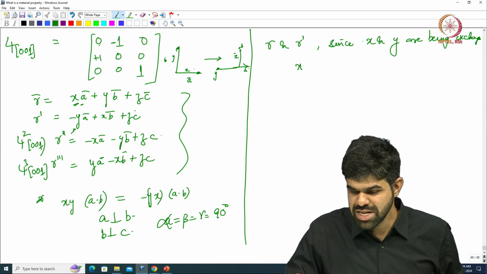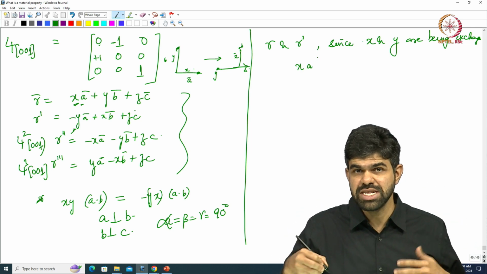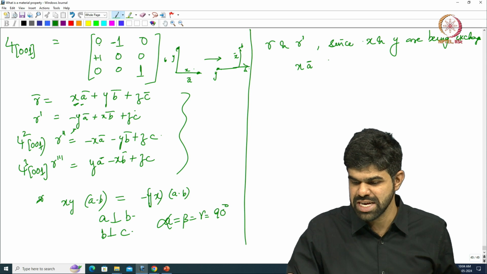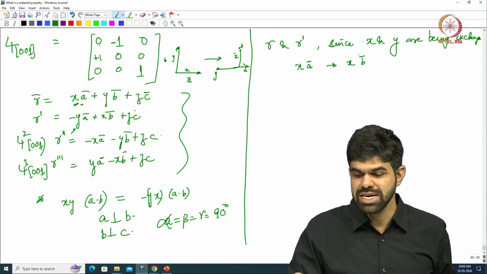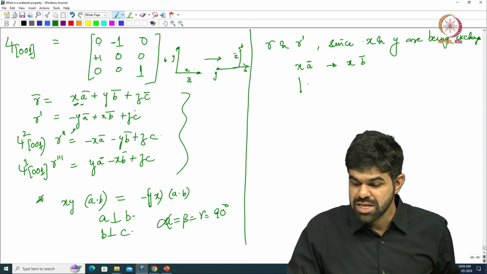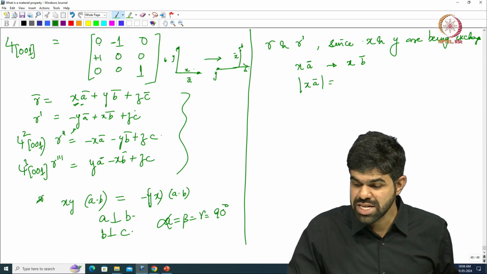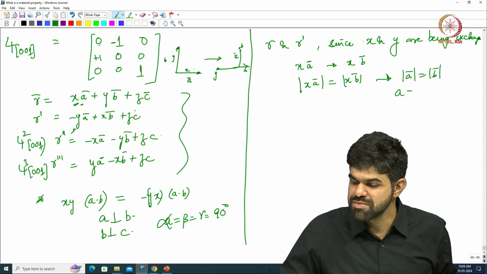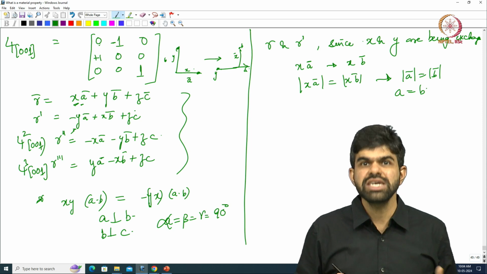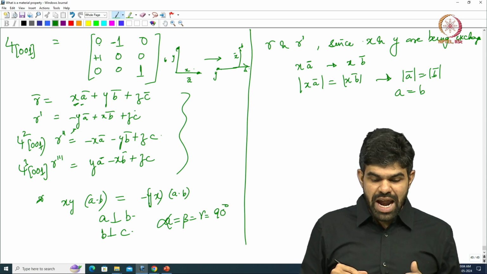So, after symmetry, x A turns to x along the B axis, right. But I am going to say that the vector length of x A should exactly be equal to the vector length of x B, which imposes the constraint that mod A equals mod B, or in other words I am just going to call this A equal to B, right. So, you have an additional constraint.